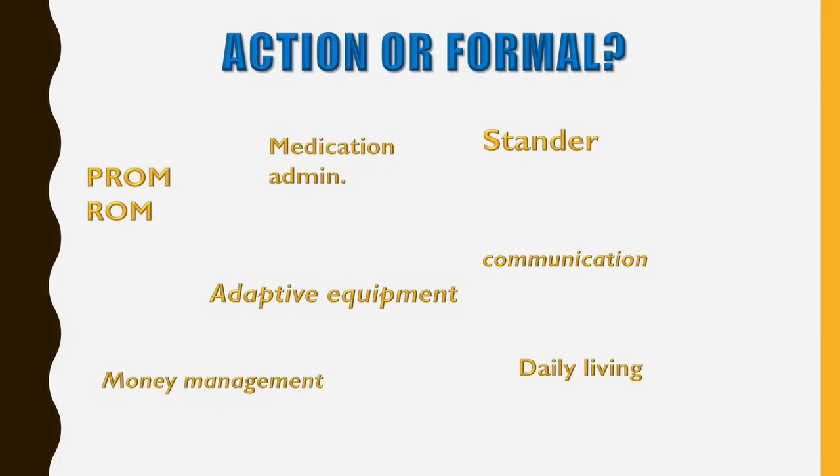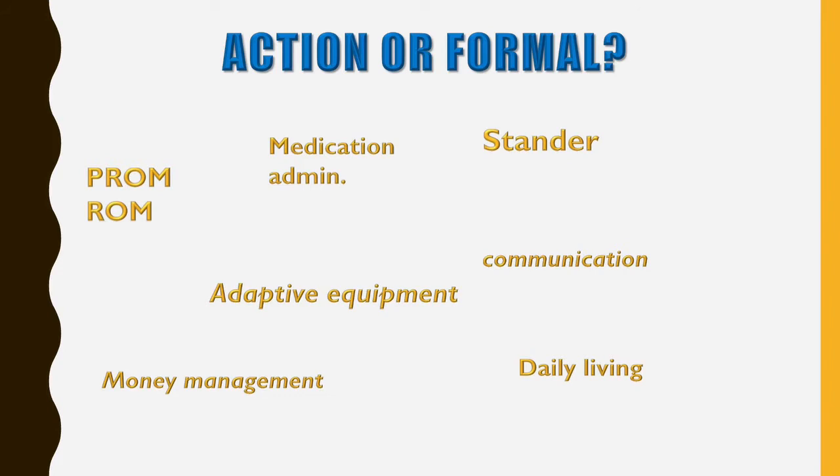For example, action objectives would consist of prone, which is passive range of motion or range of motion. Another action objective is a stander. Adaptive equipment. These particular objectives, which I said previously, require data collection.